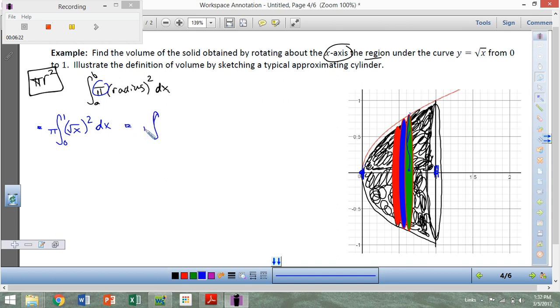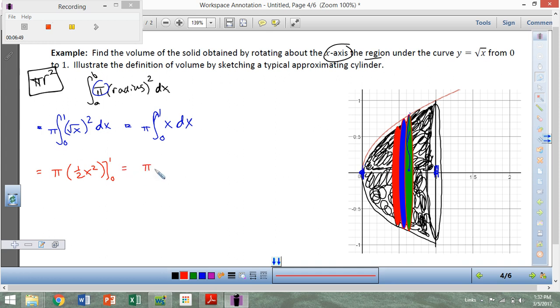You would want to simplify this, so this will be pi times the integral from 0 to 1 of x dx. Whenever I square the square root of x, I just get x. Now I can evaluate this. This is a very simple example. The antiderivative of x is 1/2 x squared, and I evaluate that from 0 to 1.